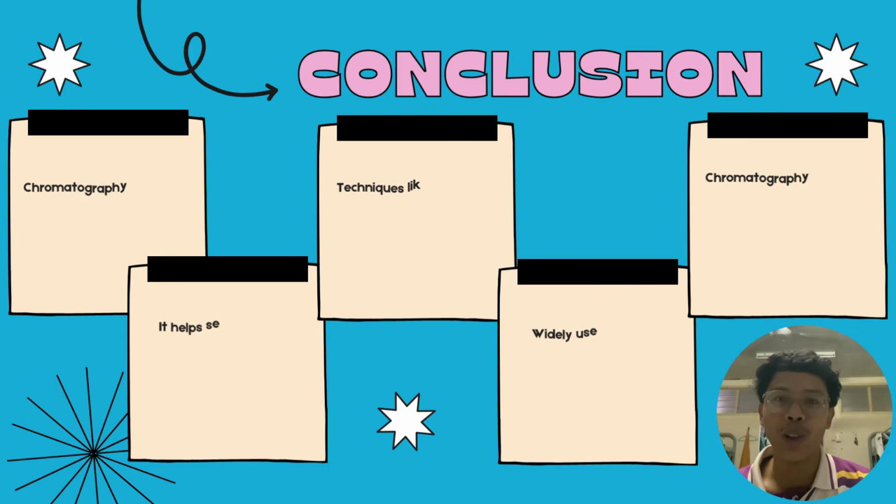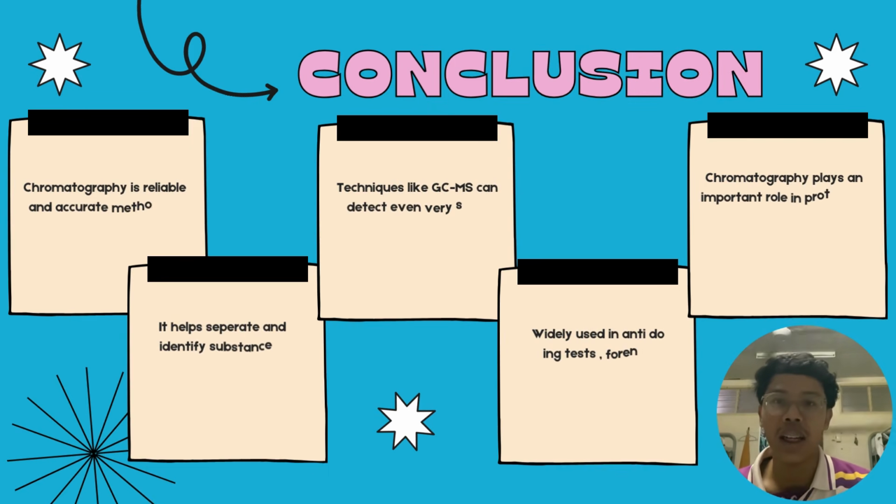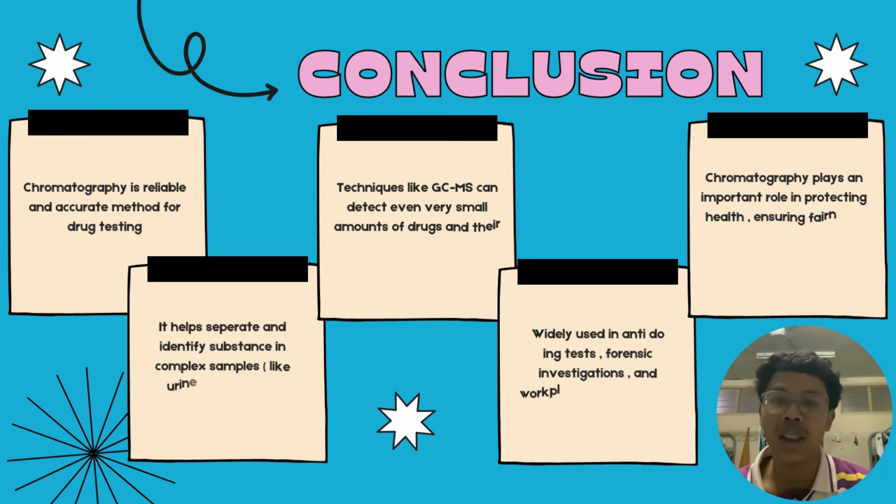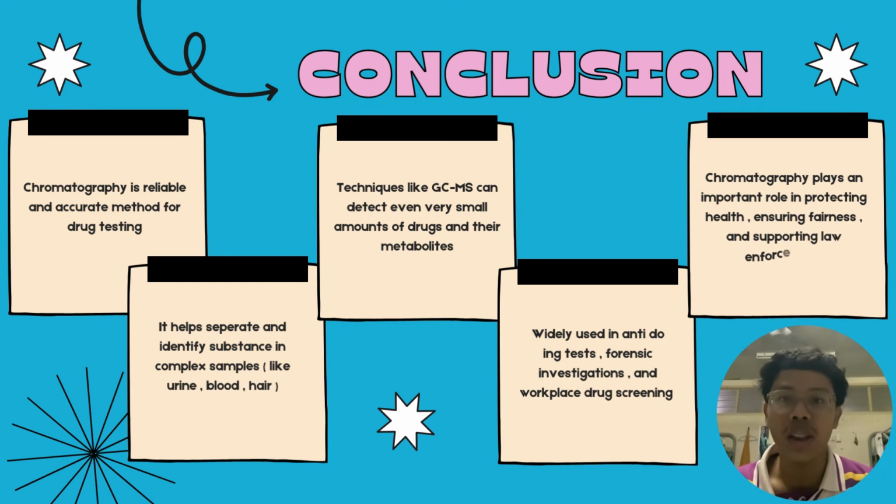To conclude, chromatography is a reliable and accurate method used in drug testing. It allows scientists to separate and identify different substances in complex samples like urine, blood, or hair. Through techniques such as gas chromatography mass spectrometry, or GCMS, even very small amounts of drugs and their metabolites can be detected.